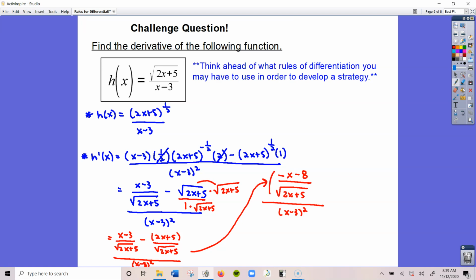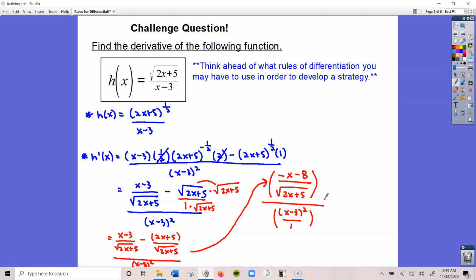Now when you think about it, this is a fraction divided by, we can make this also into a fraction. And when you're dividing fractions, remember that you copy, change, flip, meaning that you multiply the numerator with the reciprocal of the denominator.